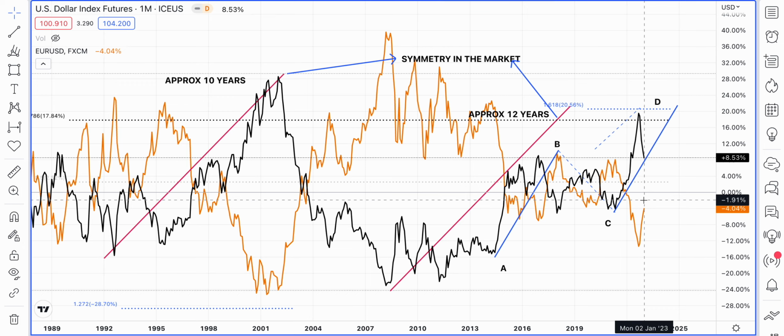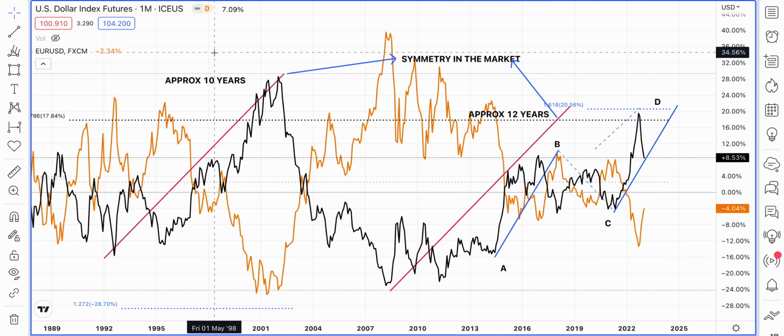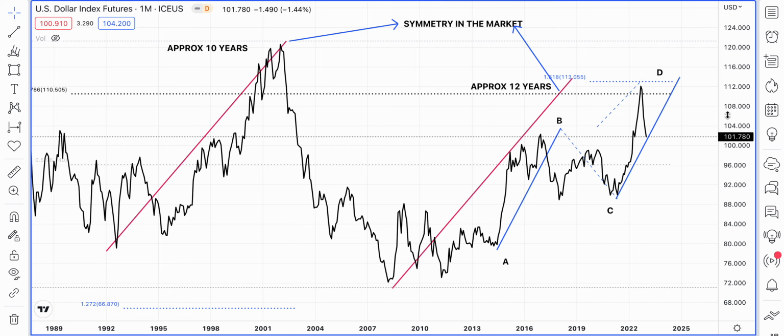And from here, our point of view is that unless these highs of 113 are taken out to the upside, the dollar has actually topped, which would be good for a rally in commodities, in particular the metals and also other commodities, and also perhaps good for the stock market.